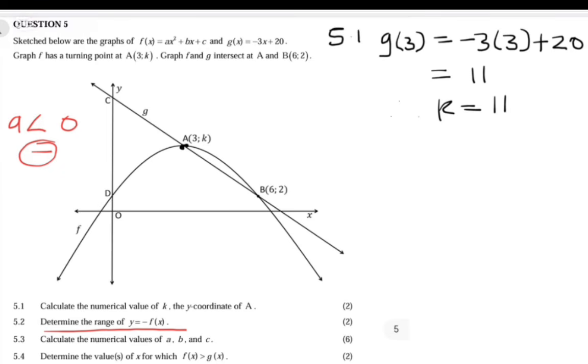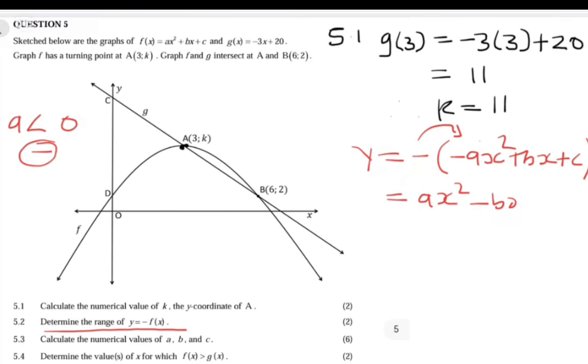So if we multiply by the negative, our equation is going to be y equals negative, if the original is negative a x squared plus bx plus c. Why do I say negative? Because for the sad graph, we assume that a is going to be negative. So if we multiply with this one, our a is going to be positive a x squared, negative bx, negative c, for example. I'm just assuming.